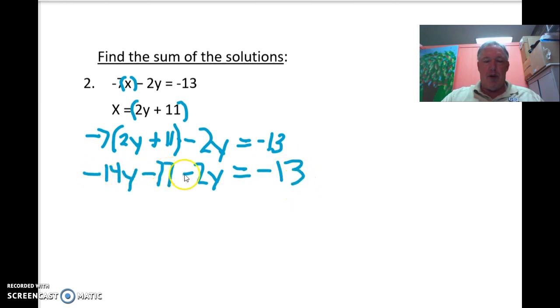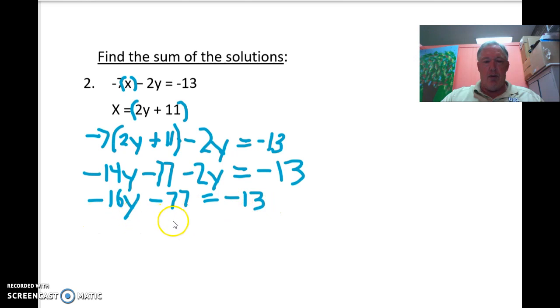Okay, we can combine our like variables, so we have a negative 14y and a negative 2y, so that will give us a negative 16y minus 77 equals negative 13.